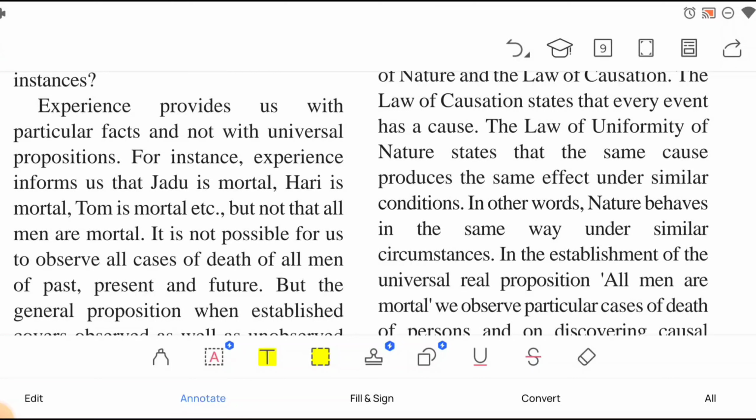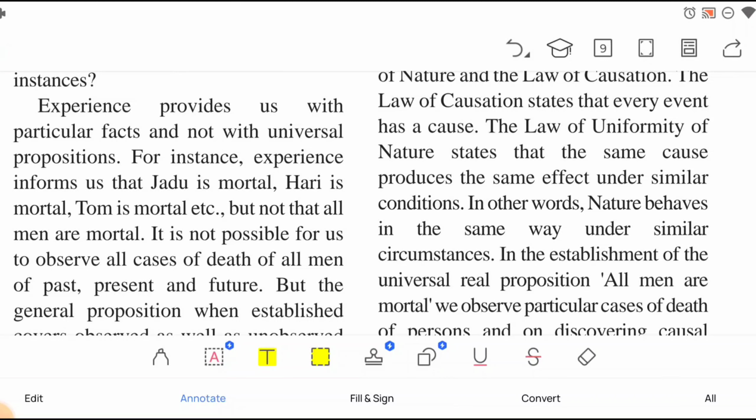But in case of some propositions, we might have doubt. How can we believe that? How can we say that all men are mortal? Because we did not observe every man dying, right? We have seen a few people dying and we assumed, through the laws of uniformity of nature and the law of causation, that all men are mortal.